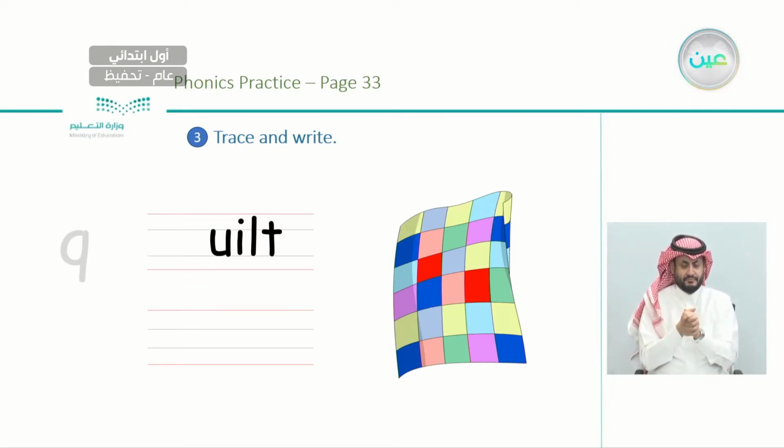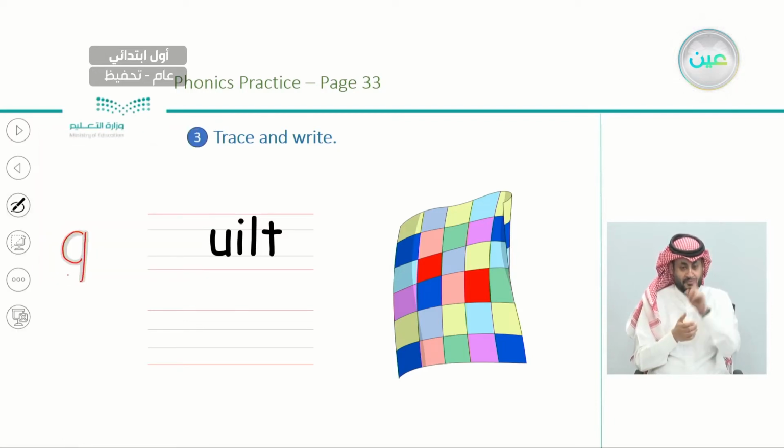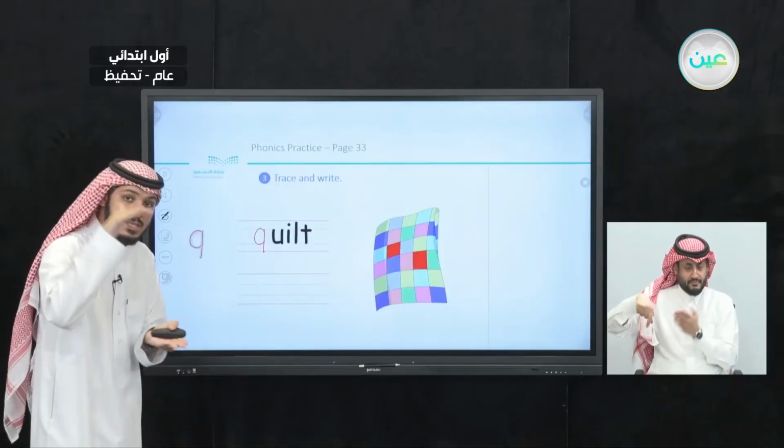We have a half circle on the right side, and a line from up to down. So this is Q. How to write it? From line number 2 up to line number 4, like this. This is Q in small form.